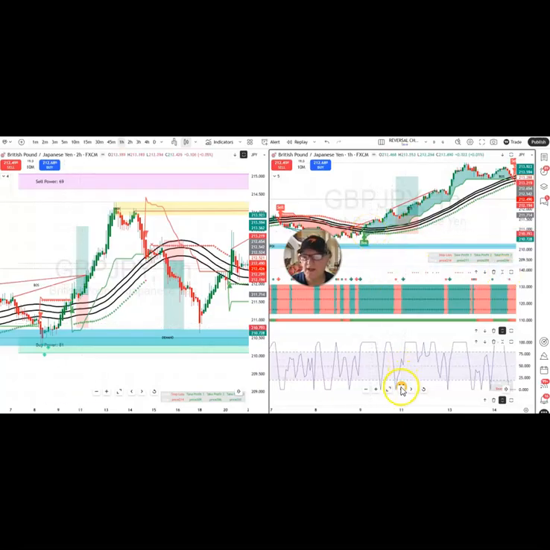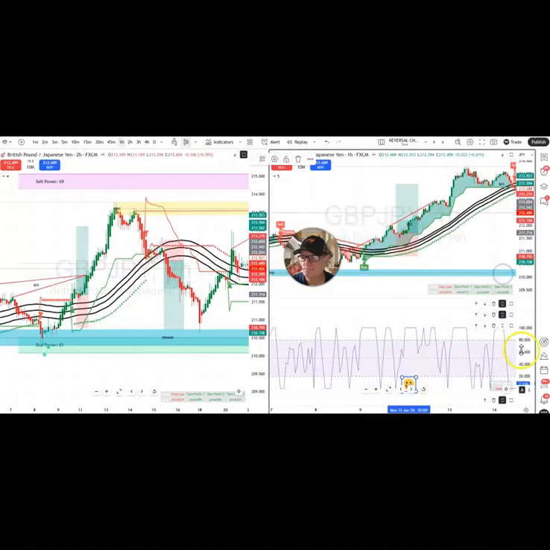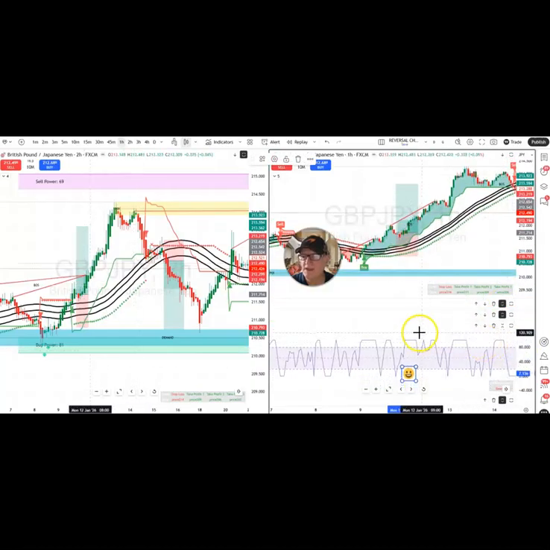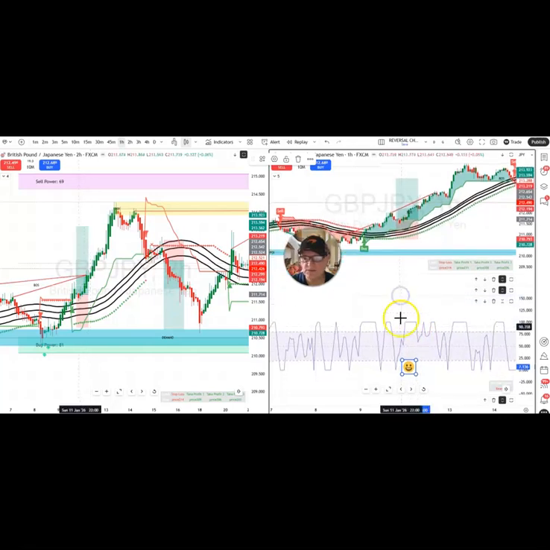But I can also wait for the oscillator to move down into a situation where it's oversold here, here, here, and so on. So you've got plenty of opportunities throughout this journey to get into the trade at the right time.